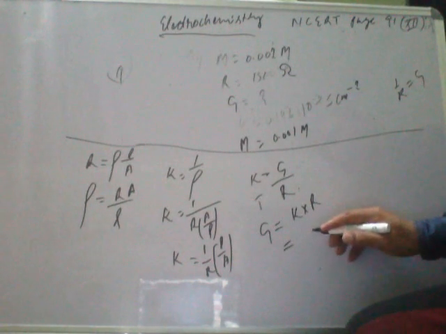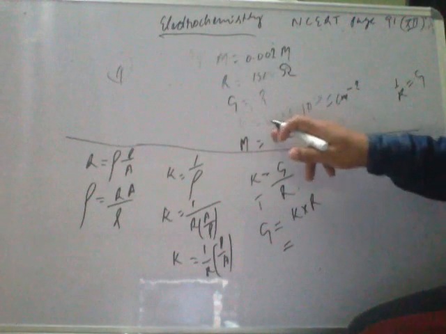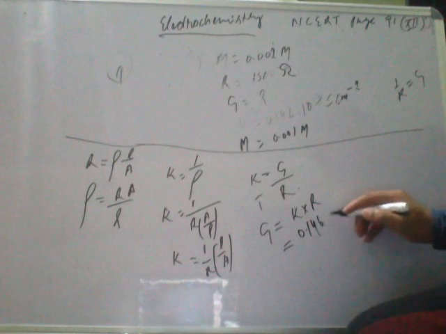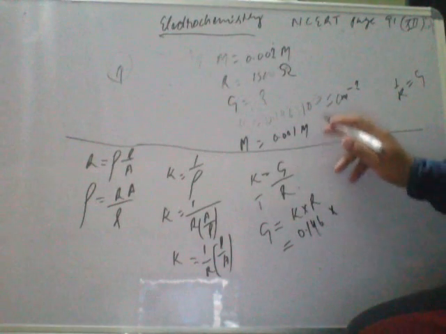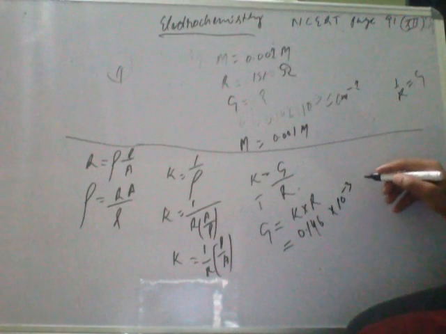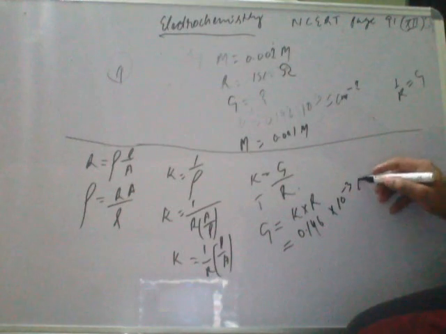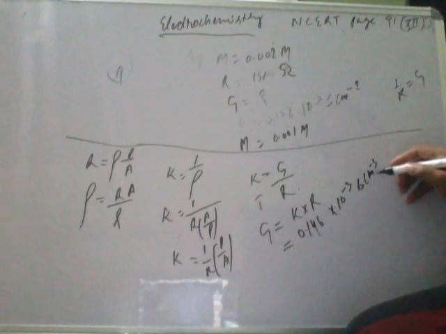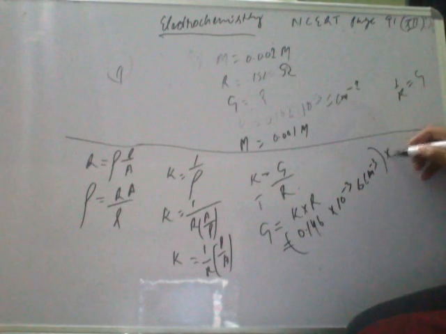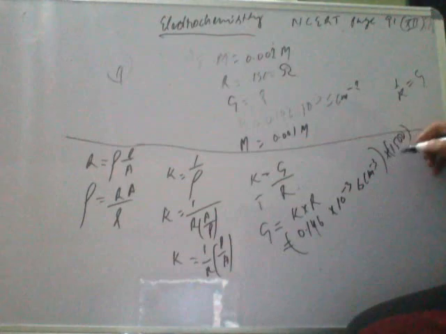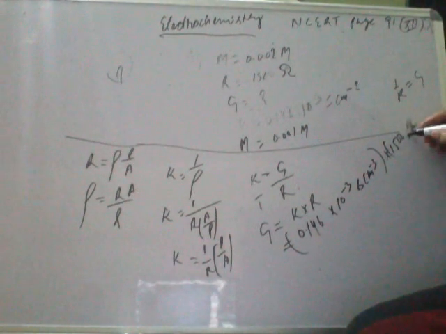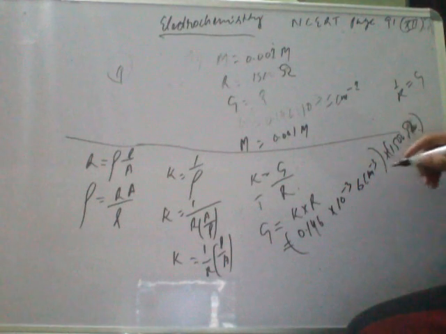You put the value of the conductivity, which is already given, 0.146 multiplied by 10 to the power minus 3 Siemens per centimeter, and multiply it by 1500 ohm.